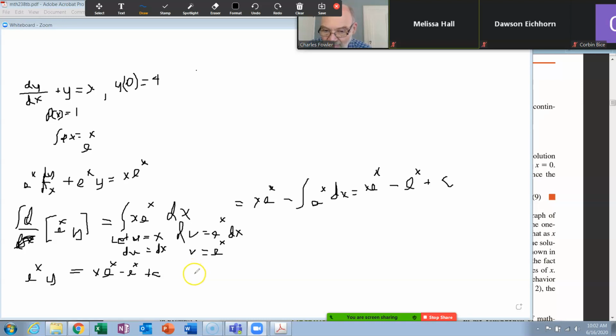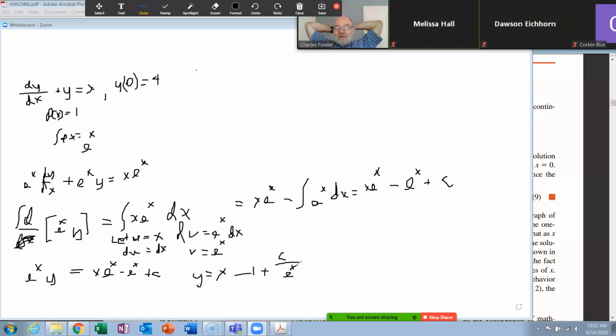That will give us y is equal to x, because you divide x e to the x by e to the x, minus 1 plus some constant c over e to the x. That's why I wondered if maybe I should make it e to the c.